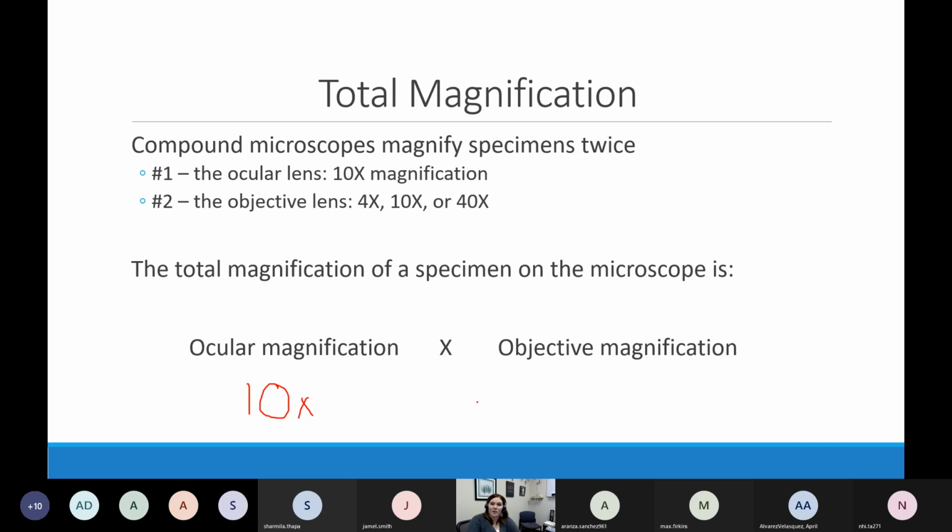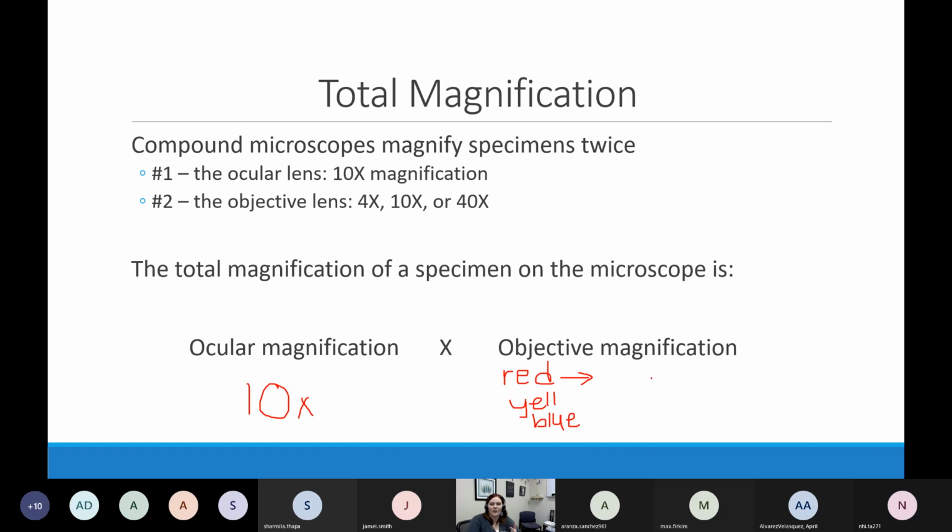My objective magnification is going to depend on which one is pointing down. So let's see if we remember. We had the 3 colors on our objectives: red, yellow, blue. When that red objective is pointing down, do you remember how much bigger the red one made things by itself? My little red one.